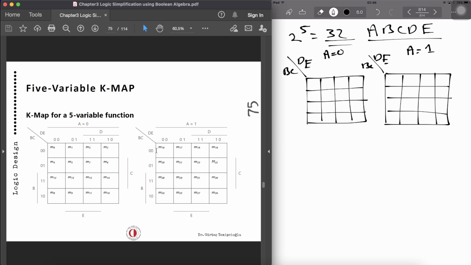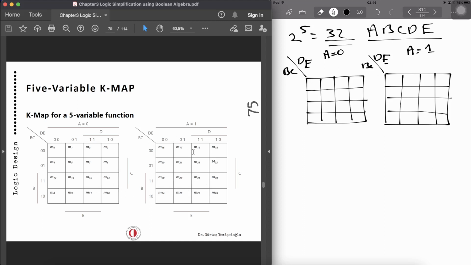And then 16 goes to the next one because A is 1 over there: 16, 17, 18, 19, 20, 21, 22, 23, 24, 25, 26, 27, 28, 29, 30, 31. So we have 32 minterms in total.